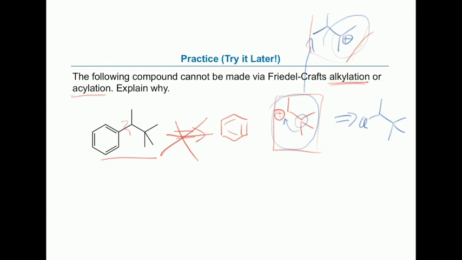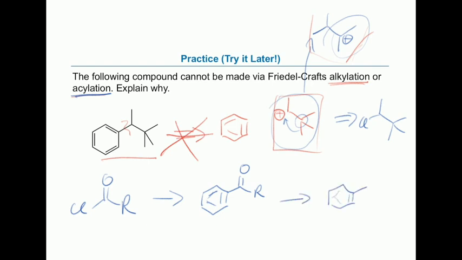Now, for acylation, the problem there is a little bit different. Remember, for an acylation reaction, let me just show you a generic one first. We take an acid chloride to make our Friedel-Crafts acylated product like this, which we can carry forward and do the ketone reduction right into this.